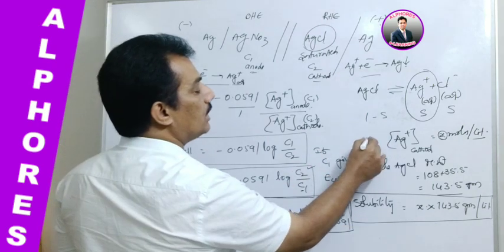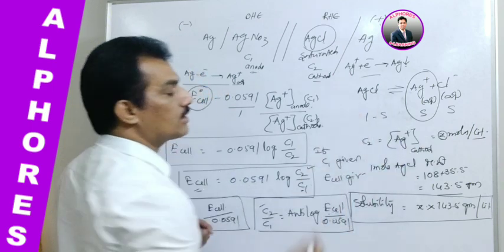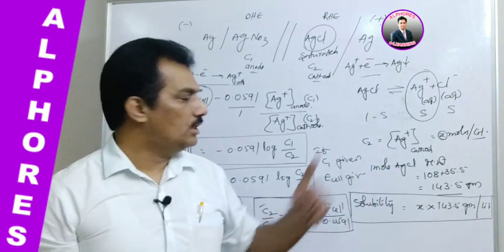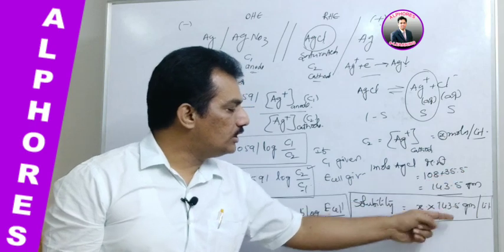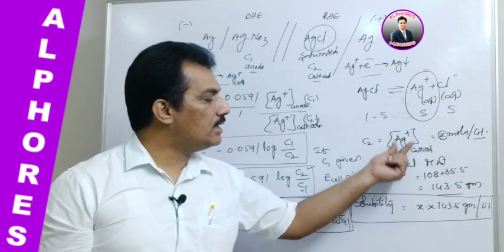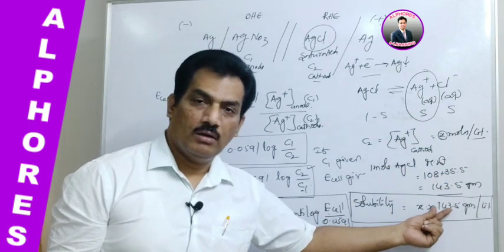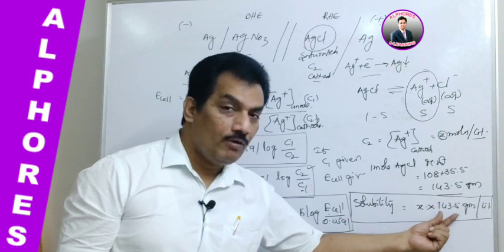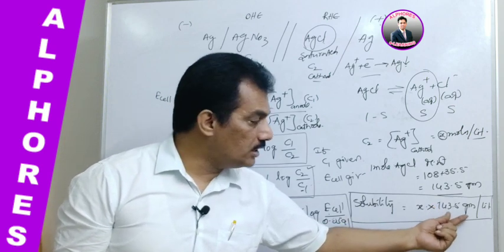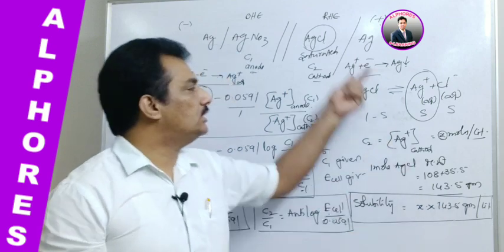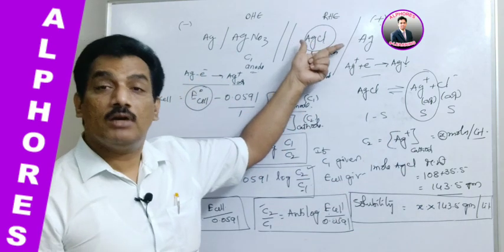C2 is equal to this Ag+ concentration at the cathode, and thereafter we have to convert it into solubility by multiplying with 143.5. Are you observing why we are taking 143.5? Because the sparingly soluble salt is silver chloride.